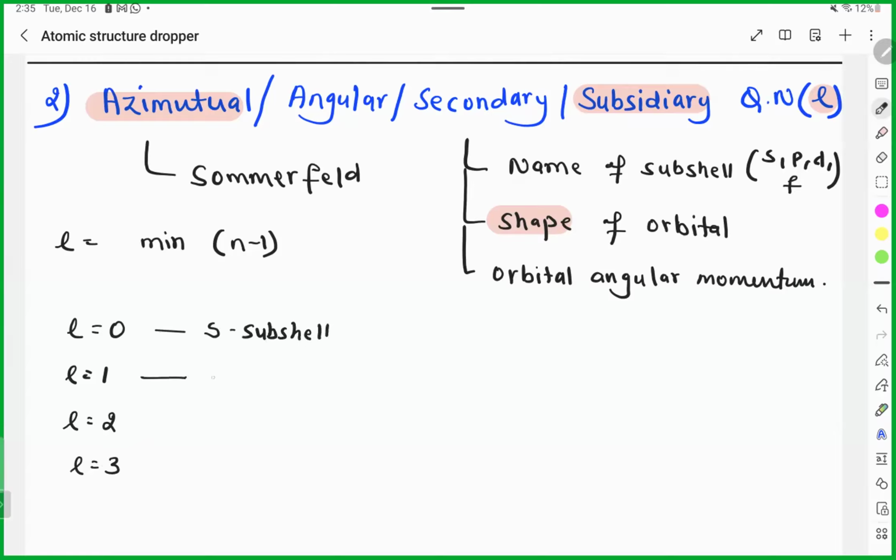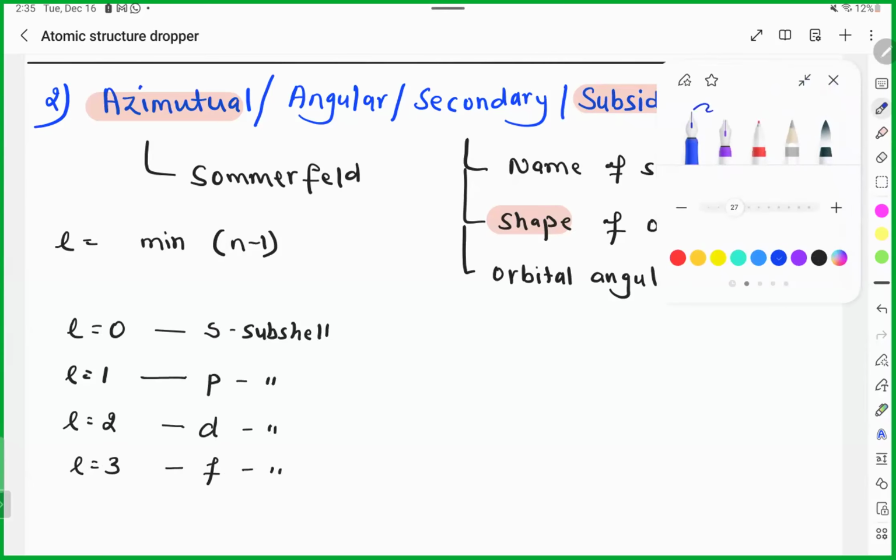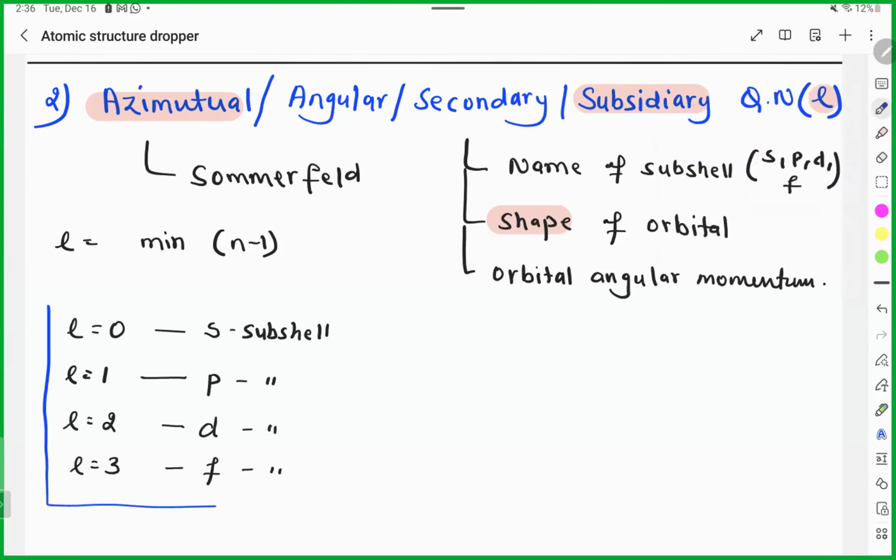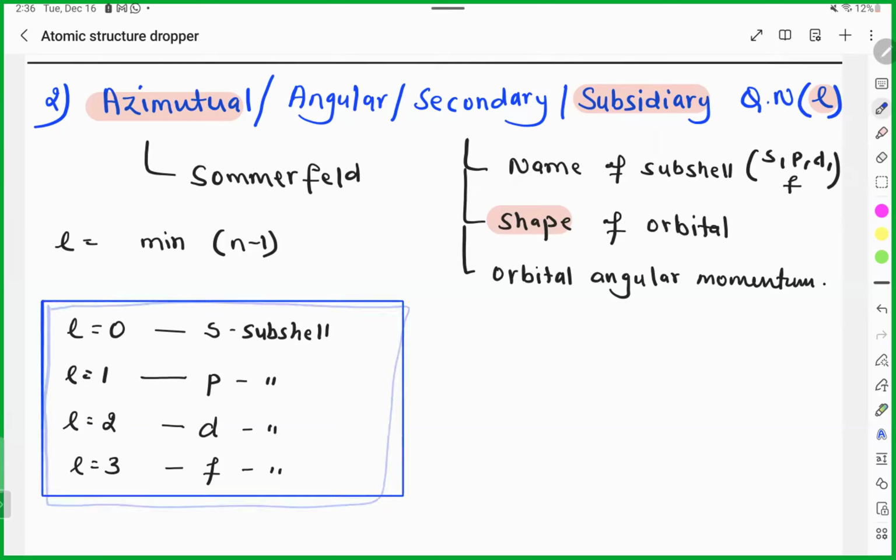L value 1, P subshell. L value 2, D subshell. And L value 3, F subshell. Based on these 4 subshells, you have 4 blocks, right? Any doubt, guys? Really important. But trust me, we will do this minimum 10 times in today's session only. So automatically through questions, you will get to know the L value for a particular subshell.